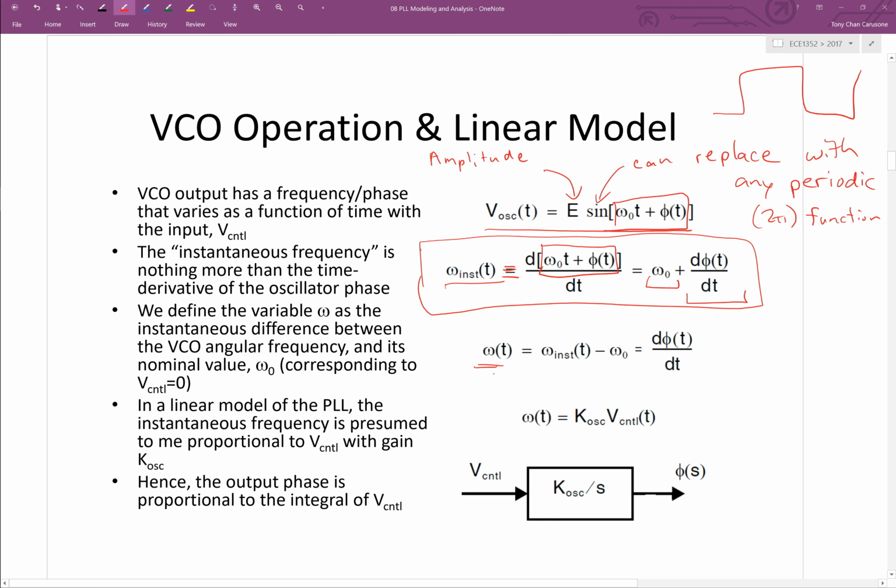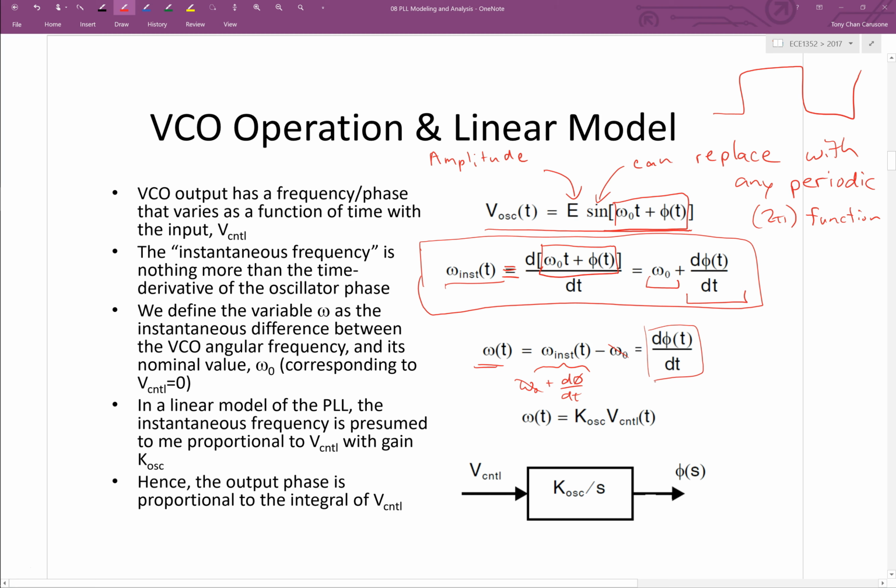So if we write it that way, then when we plug in for omega instantaneous here, omega naught plus that derivative of phi, the omega naughts cancel, and you just end up with this derivative here. Okay.